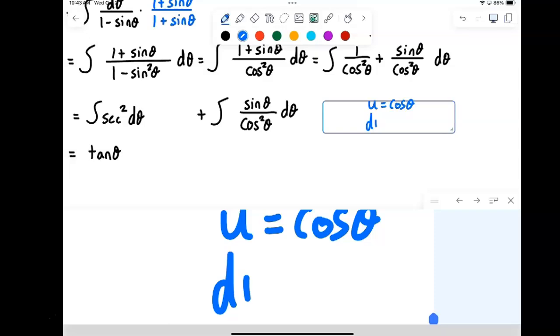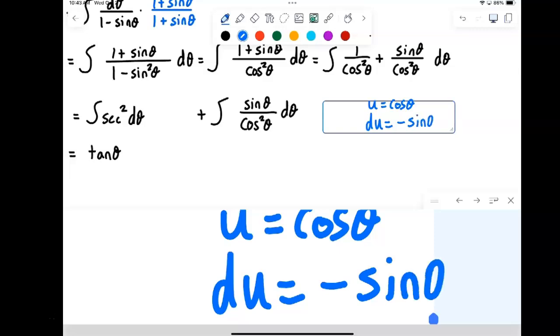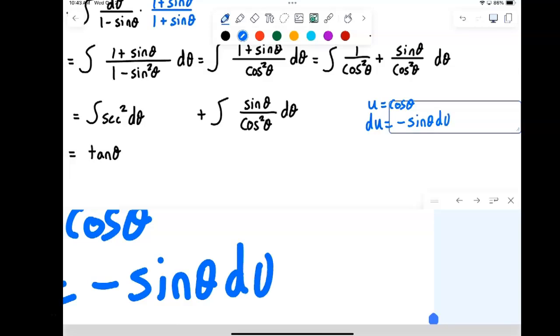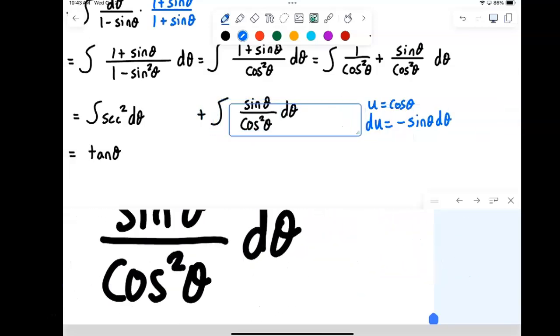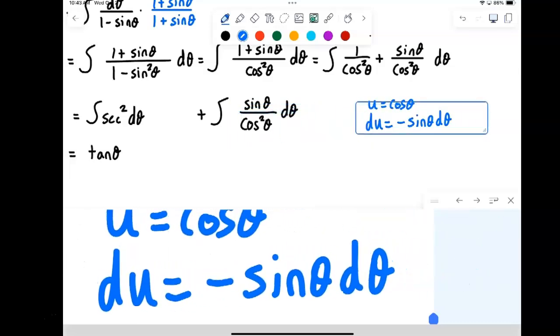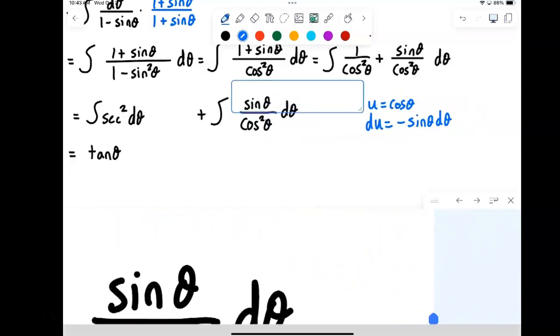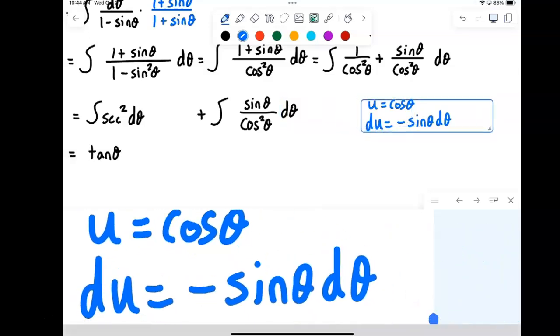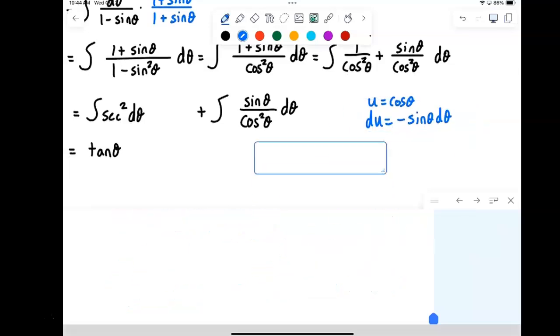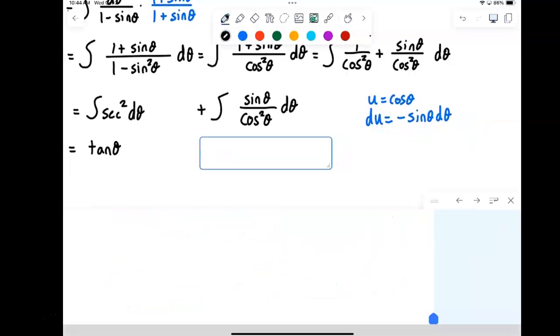So du would be the derivative of cosine, which would be negative sine theta d theta. I look at what I have, and I say to myself, well, I'm almost there. I have the sine theta going with the d theta. I'm just missing the minus sign. Well, the minus sign is easy enough to fix. We'll just put a negative out front.